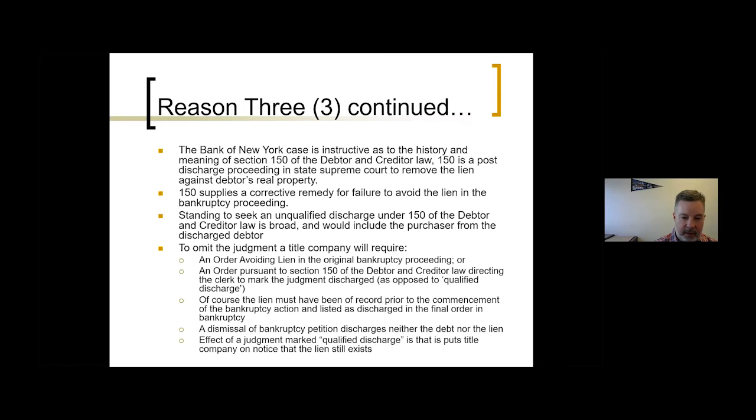When you have a discharge, it is pretty much standard operating procedure that the New York court would grant the unqualified discharge under Section 150. So we could hold, say, $10,000, maybe around that amount, and close. Okay.